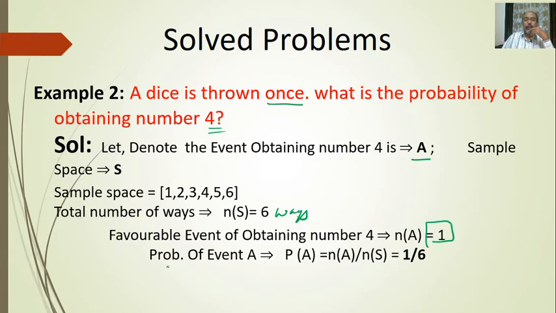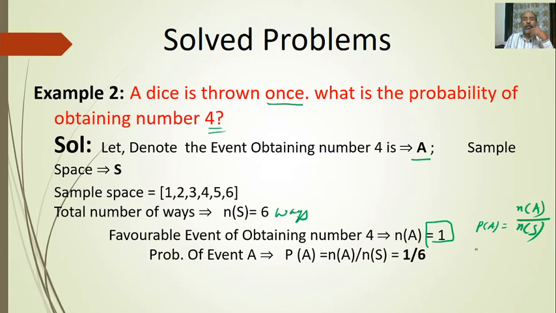So the probability of event A, P of A, is equal to n of A divided by n of S. This is what we have to write to get the probability.